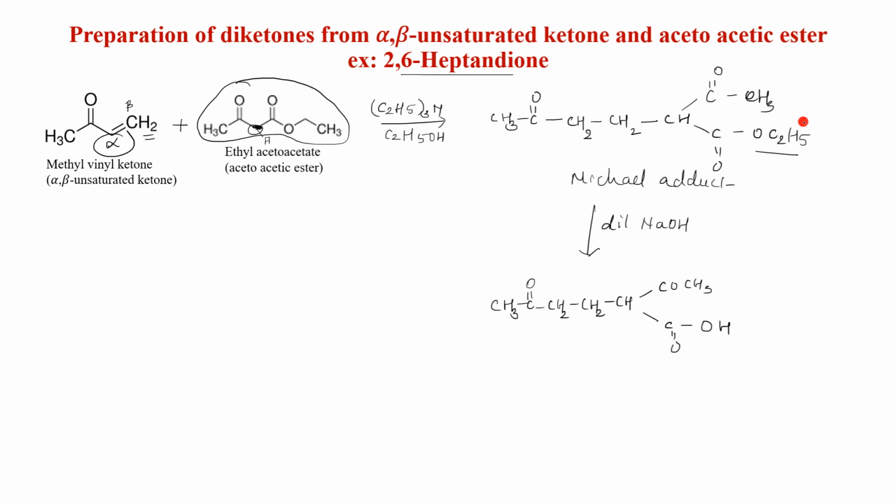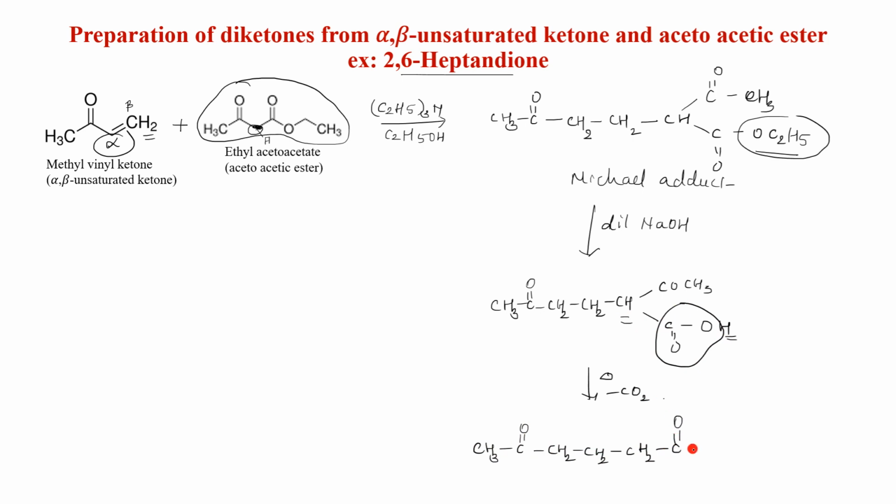So this is your hydrolysis reaction, and when you heat it, carbon dioxide is eliminated. So this whole group is eliminated, and you are going to get your product CH2, CH2. This CH and this H will combine to give you CH2, and this is your 2,6-heptane dione.